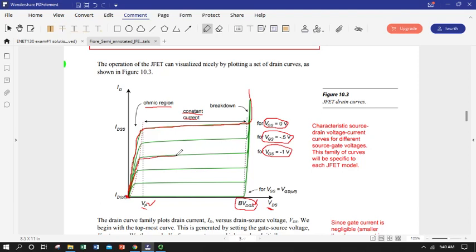And most importantly, our plateau is lower. The breakdown voltage is unchanged, so we still don't want to go above that. That's a big no.